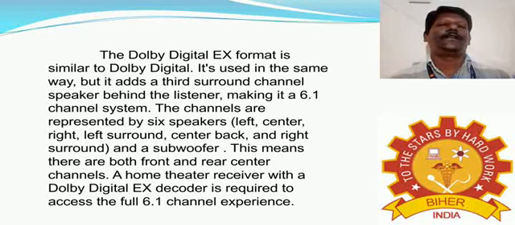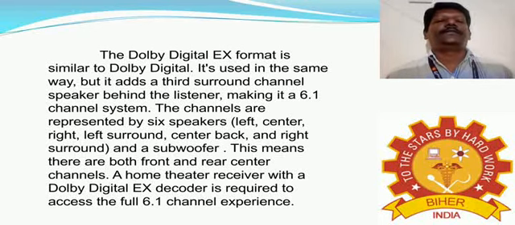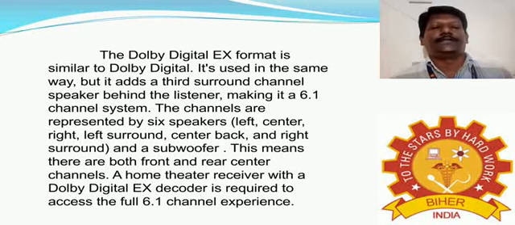The channels are represented by 6 speakers: left, center, right, left surround, center back and right surround, and a subwoofer. This means there are both front and rear center channels. A home theater receiver with a Dolby Digital EX decoder is required to access the full 6.1 channel experience.